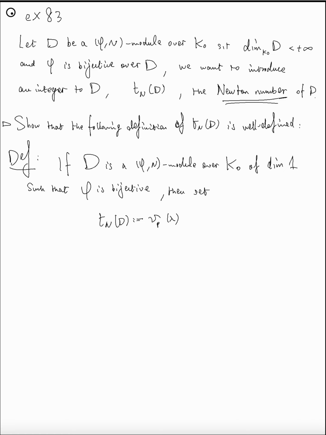What is lambda? Where lambda is in GL1, which is K0 star, the matrix of Frobenius under some fixed basis.